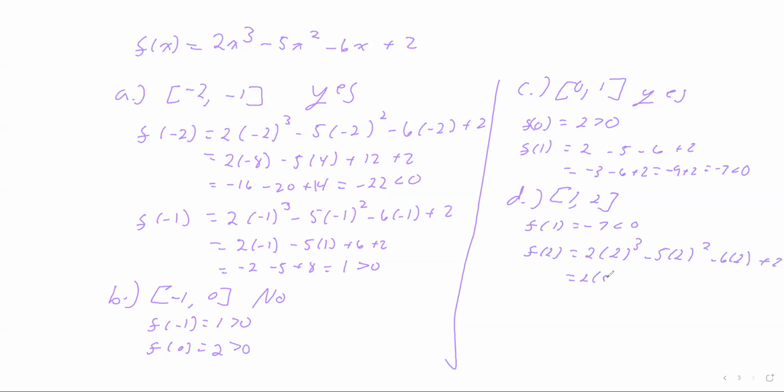That gives you 2 times 8 minus 5 times 4 minus 12 plus 2, which is 16 minus 20 minus 12 plus 2. That will give us -4 minus 12 plus 2, which is -16 plus 2, which gives me -14, which is less than 0, which does not work.